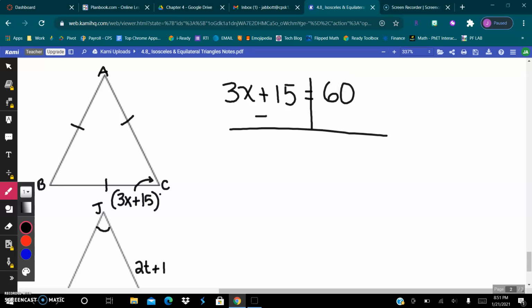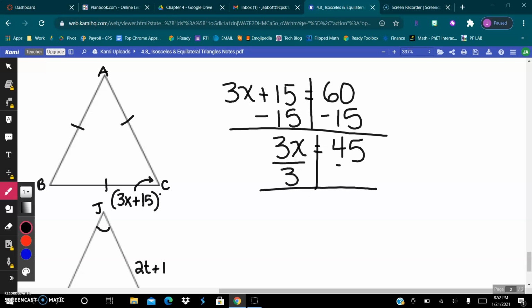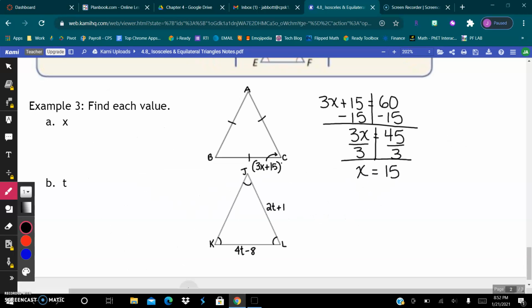So we're going to solve for x here. We're going to subtract 15 from both sides. So 3x would equal 45. And then we have to divide by 3. And 45 divided by 3 would be 15. So the question was, what does x equal? x is equal to 15.